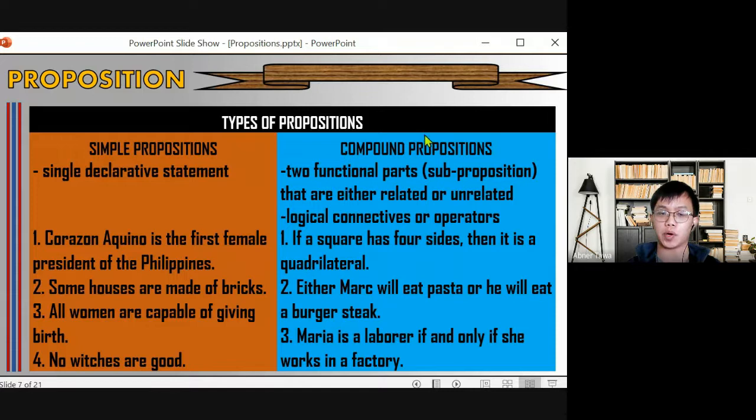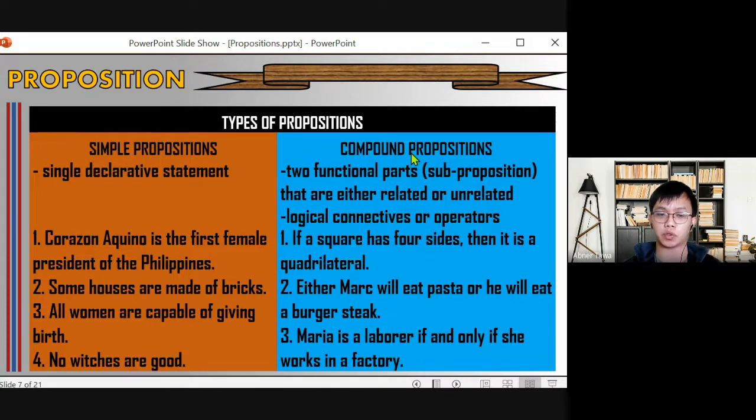And compound propositions contain two functional parts. We call those functional parts subpropositions, but we don't always call them that, so there are other terms. A compound proposition is composed of two or more simple propositions.